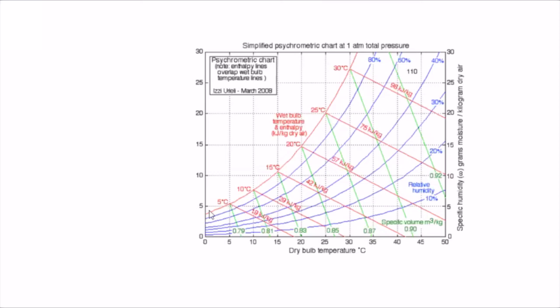This line is called the saturation curve. The same saturation curve we get in a Mollier diagram too. As we get a saturation curve in the Mollier diagram, in the psychrometry chart also we get a saturation curve. This outer red line we call the saturation curve.